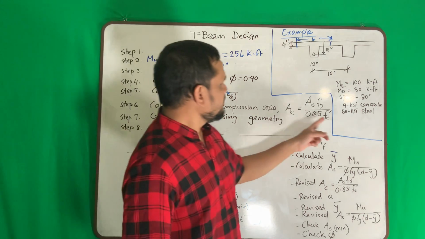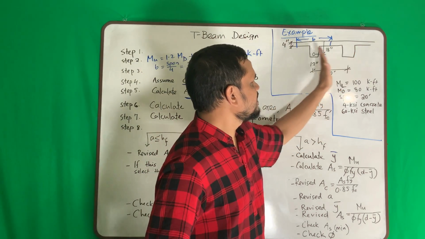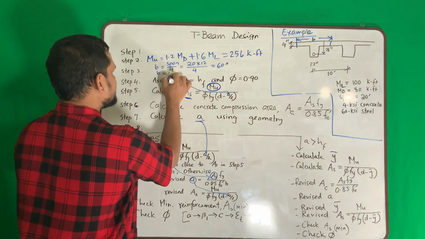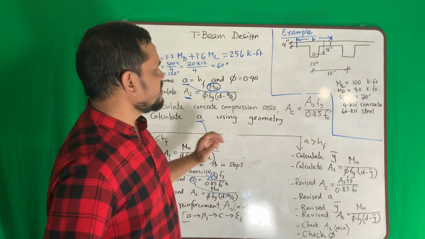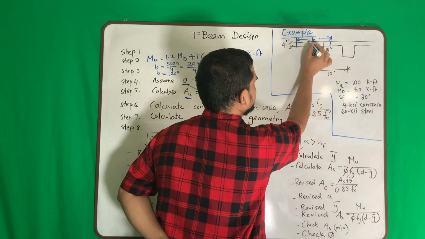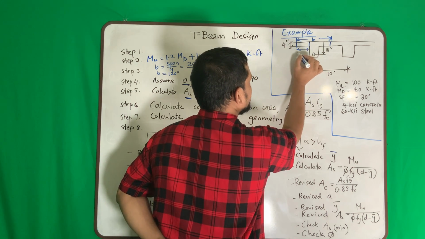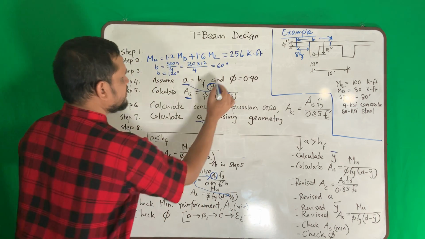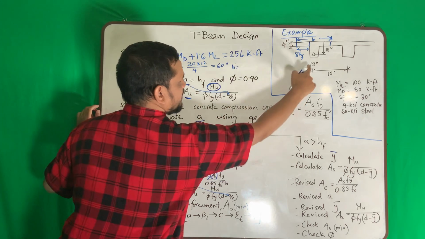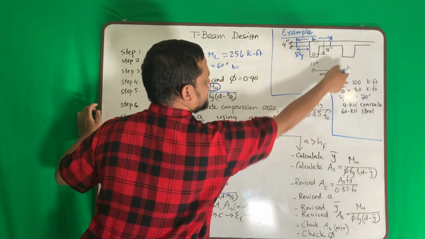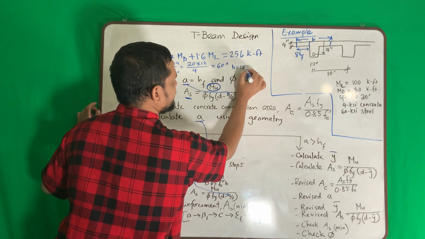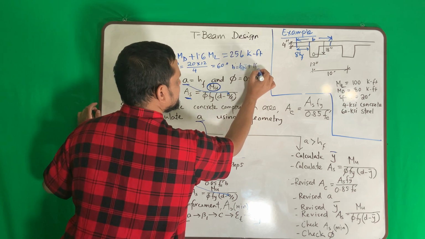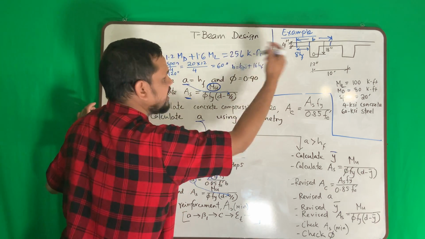The other condition is b cannot exceed the center to center spacing. That is 10 feet, which means 120 inch. The other condition is the overhanging portion here to here. This portion cannot exceed more than 8 hf on both sides. So the other condition b will be bw plus 16 hf, 8 this side, 8 other side.